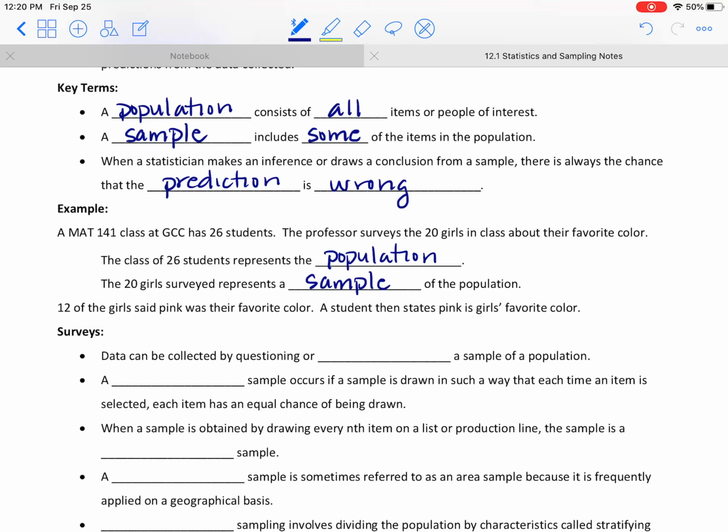And so 12 of the girls said that pink was their favorite color. And so another student says, well, pink is girls' favorite color. Okay, so just because 12 of the girls in my class said pink was their favorite color, again, that doesn't necessarily mean that pink is every girl's favorite color. Okay, so population's everyone, a sample is part of the population, and you use your information to try to make predictions, which doesn't necessarily mean that it's right.